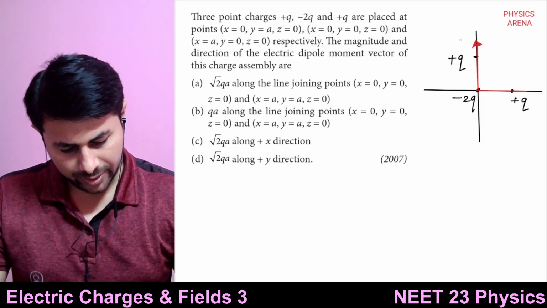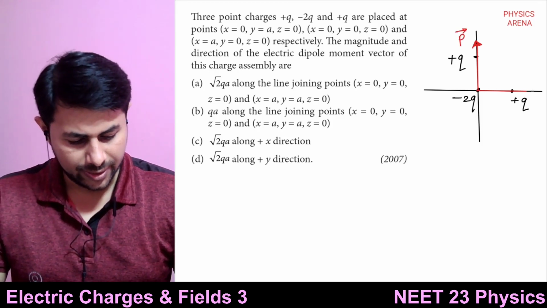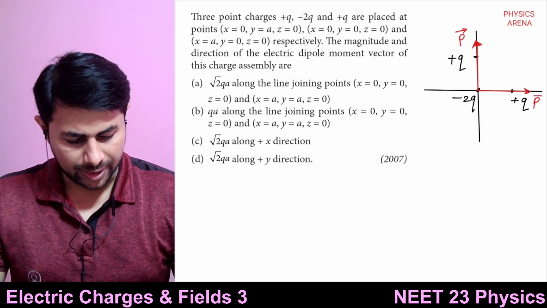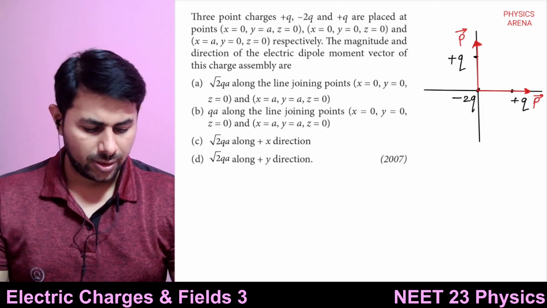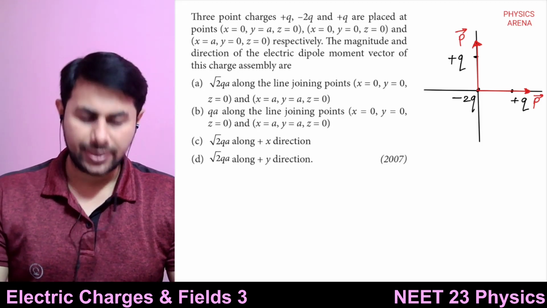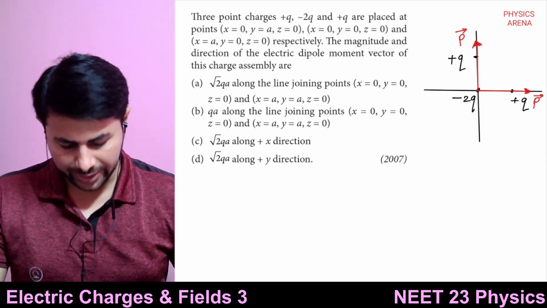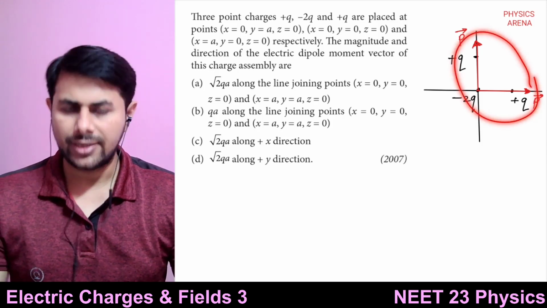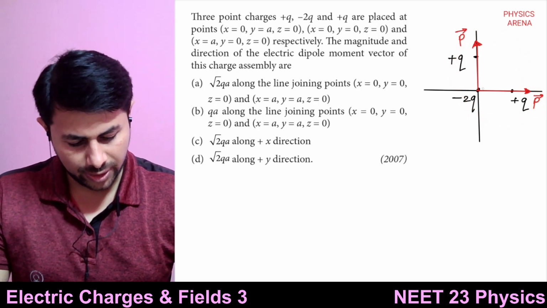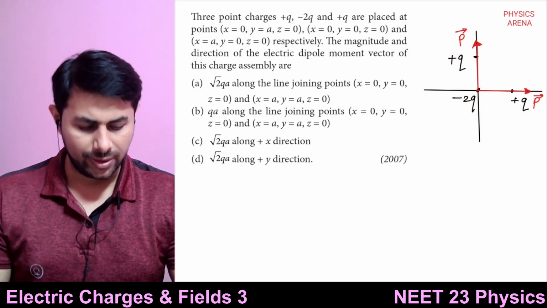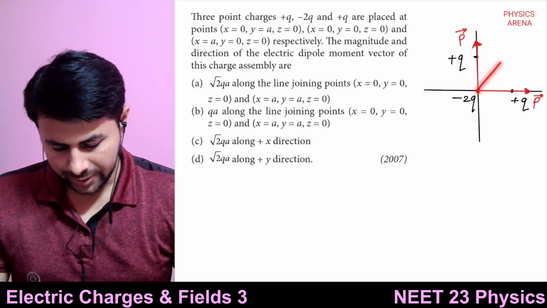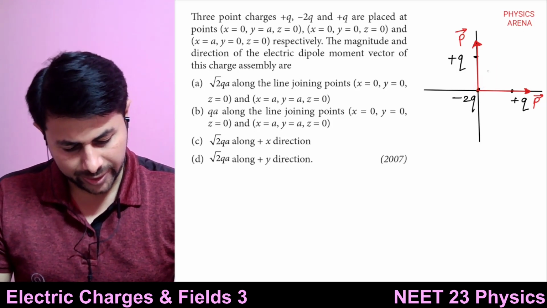Let's call this p bar. Now how much would be the net dipole moment? The net dipole moment is the vector sum of these two. Because the magnitude of both of these is equal, it will be directed like this. So the resultant would be in this direction.